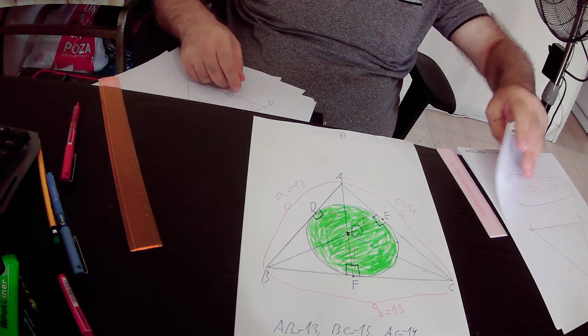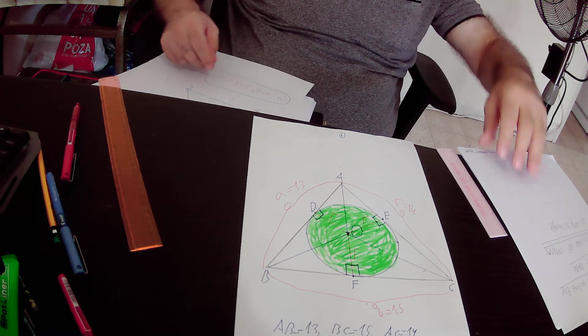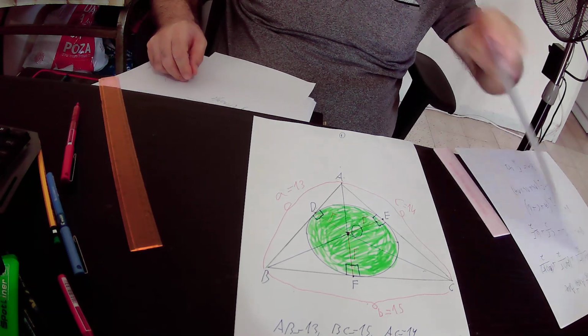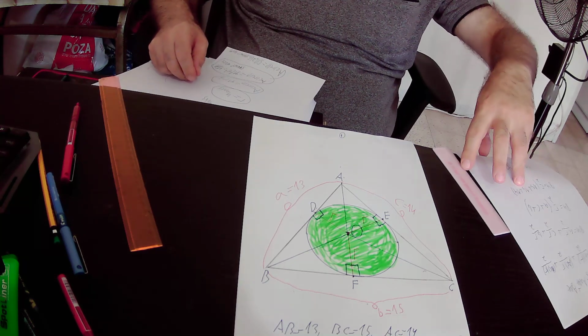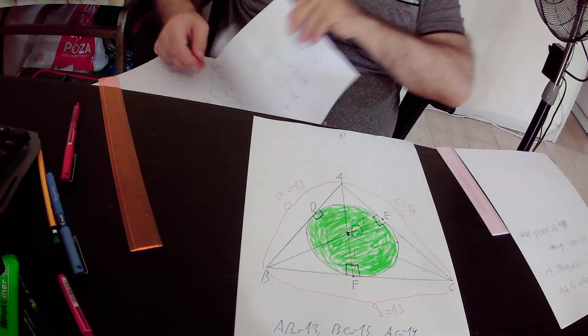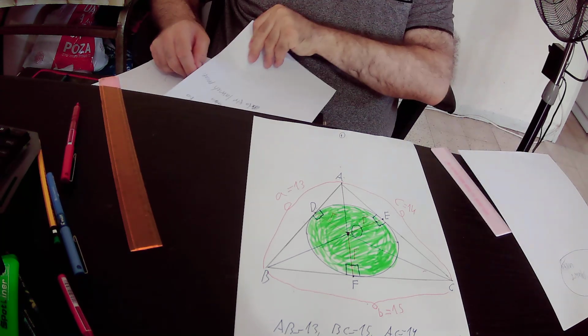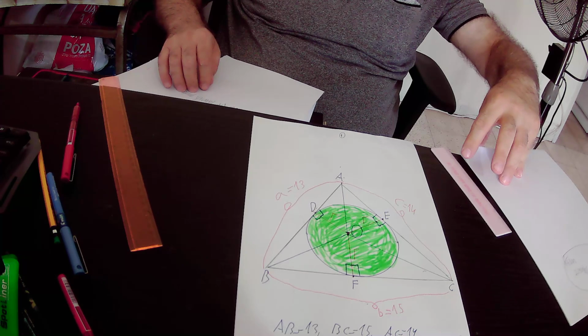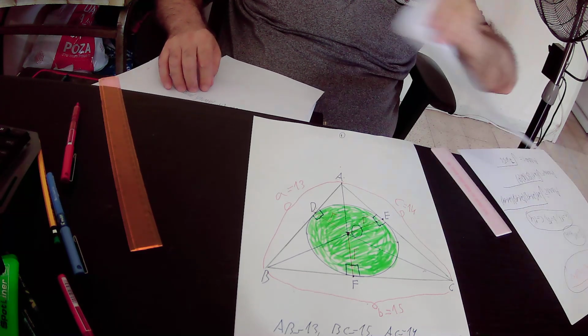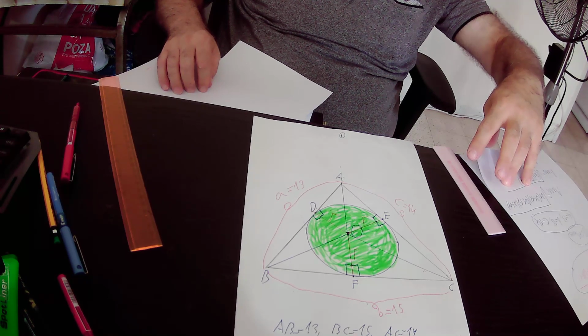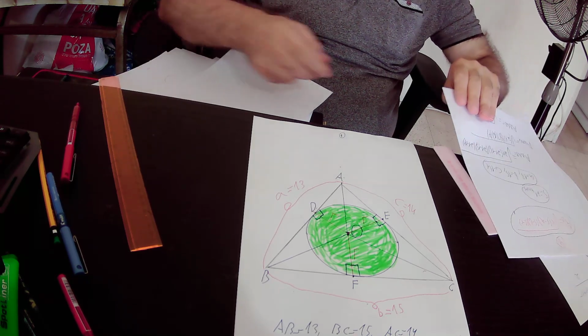So we found the semi-perimeter of our triangle ABC, that is actually A plus B plus C over 2, the sum of the sizes of its sides over 2.